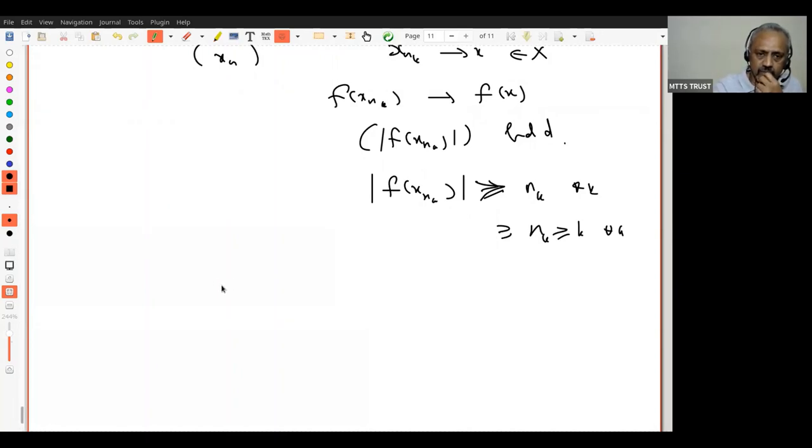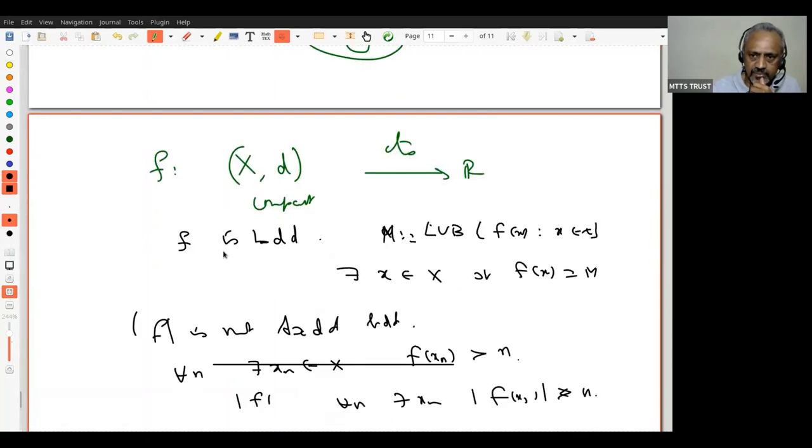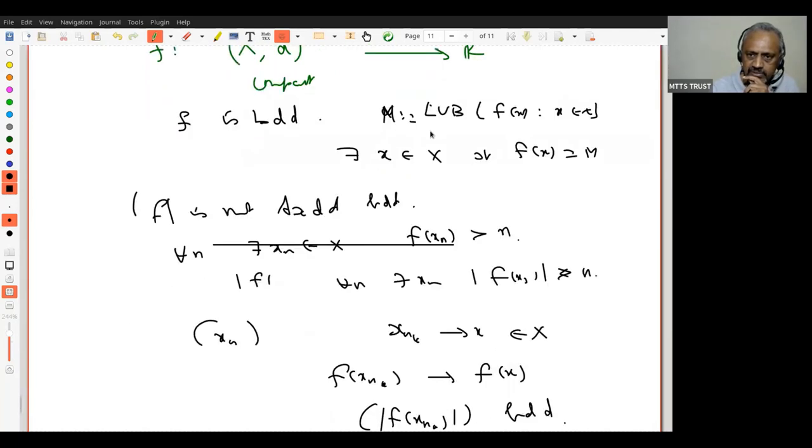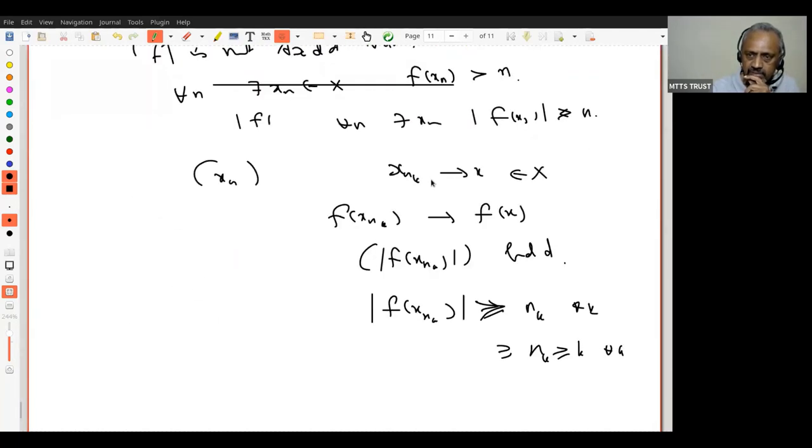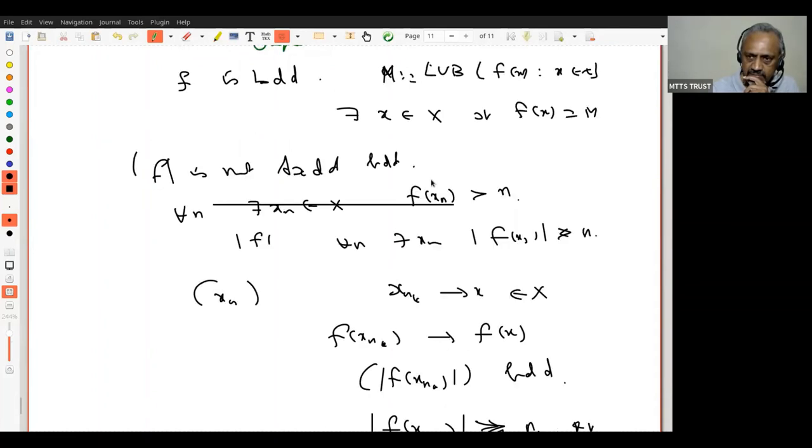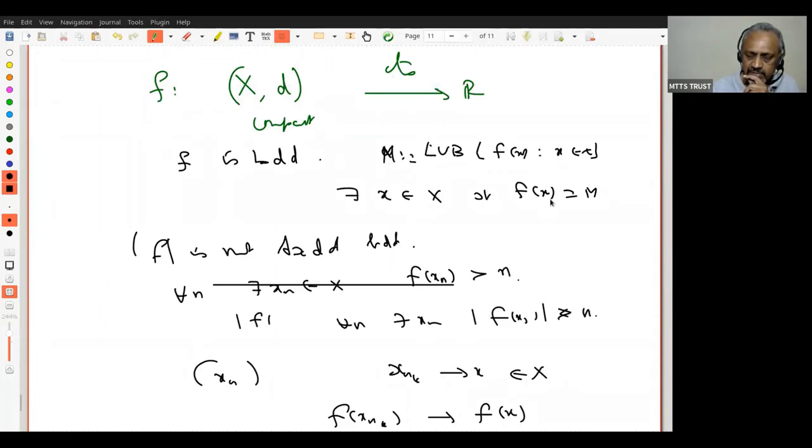So I know, therefore, that f is bounded. If it's bounded, it's bounded above as well as bounded below. Let us look at the LUB of f(x) for x in X. I want to show there exists an x. Suppose there does not exist. I want to claim there exists an x such that this happens.